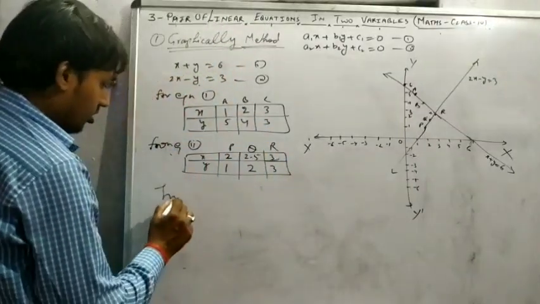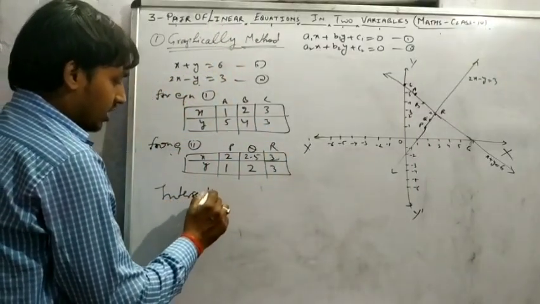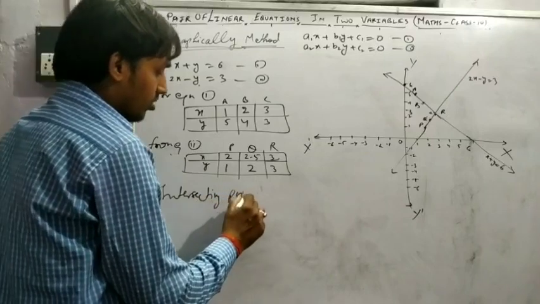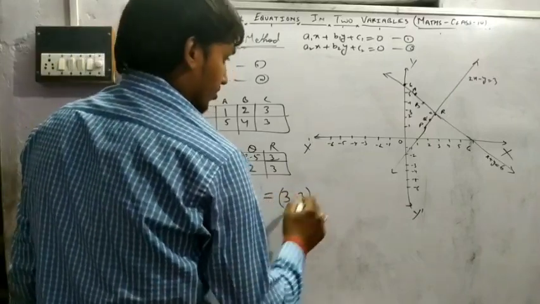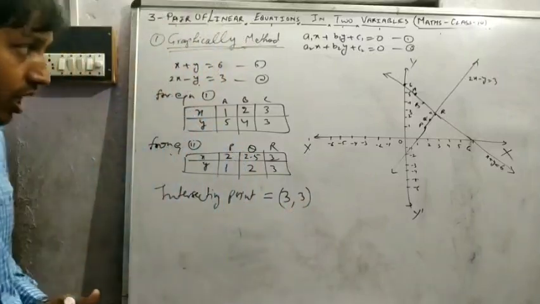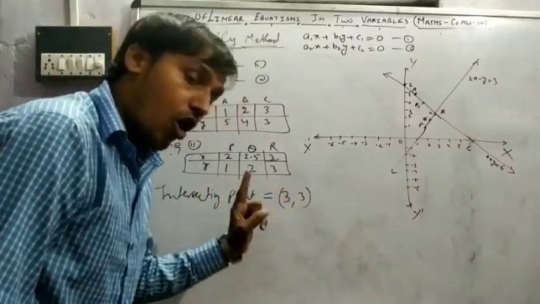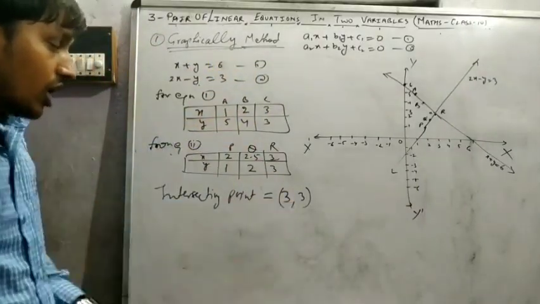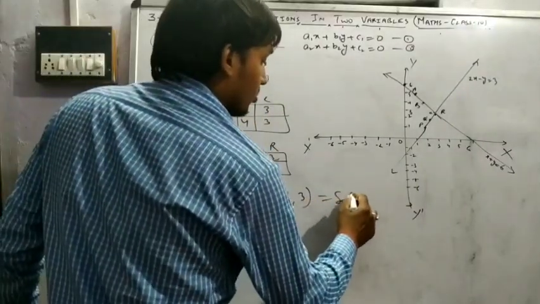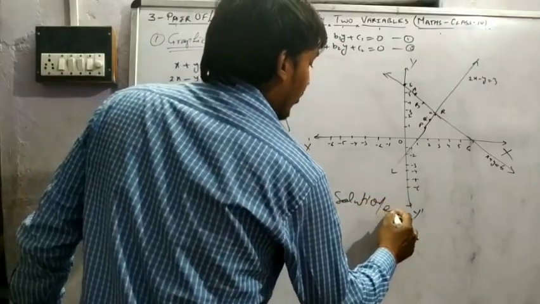So the intersecting point is 3, 3. That means it is a common value between both the equations. So it is also the solution of the equations.